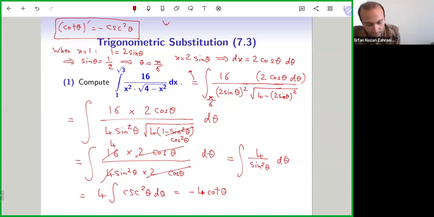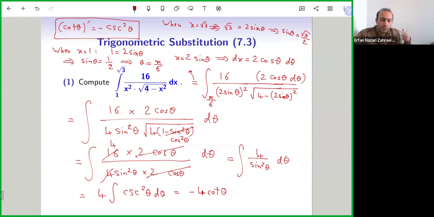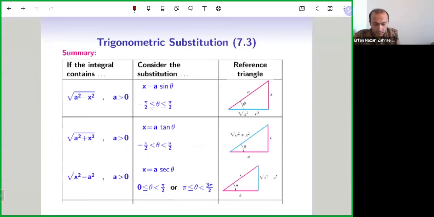And when x is root 3, then replacing in this, root 3 is 2 sine theta, or sine theta is root 3 over 2. If you recall, what angle has sine root 3 over 2, and also is in this interval?